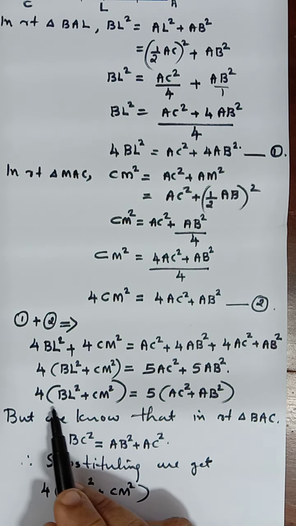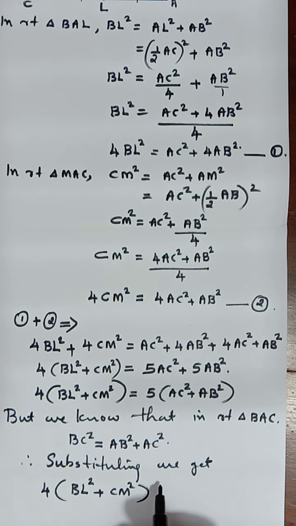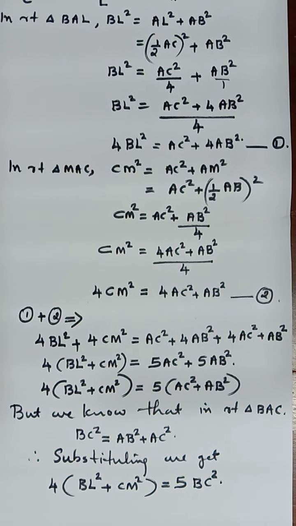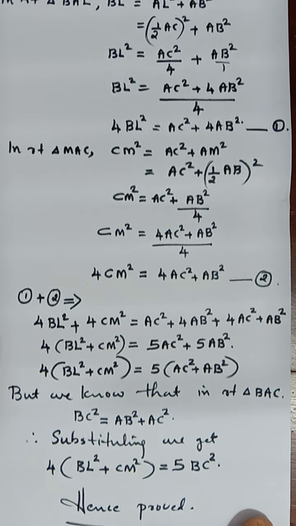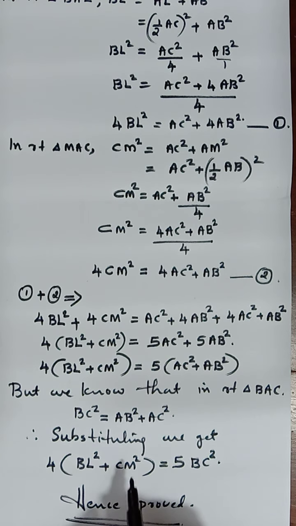This is our final answer. 4 into BL square plus CM square equals 5 into, instead of AC square plus AB square, we have BC square. 5 BC square. That is our answer, which is to be proved. So, hence proved. 4 into BL square plus CM square equals 5 BC square.